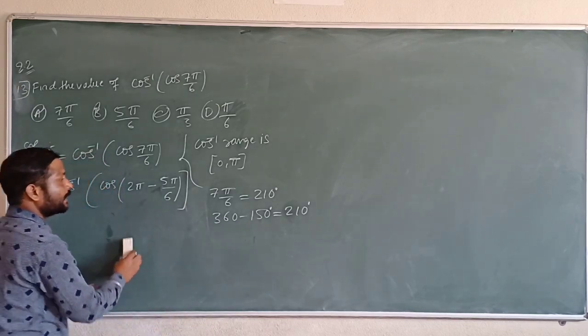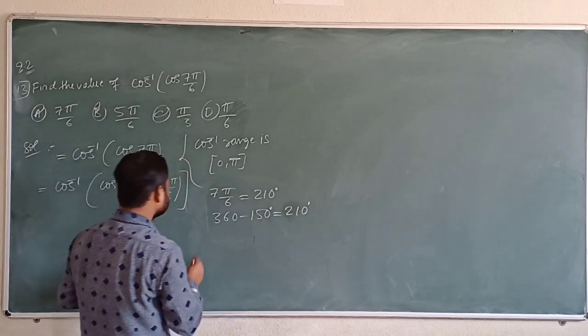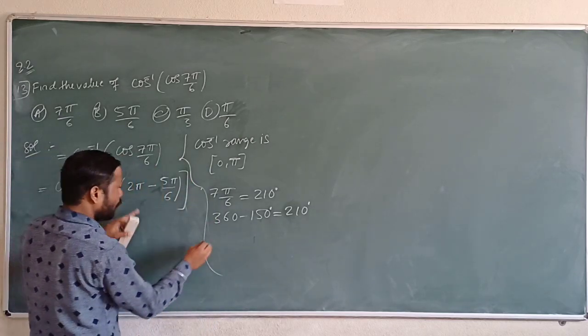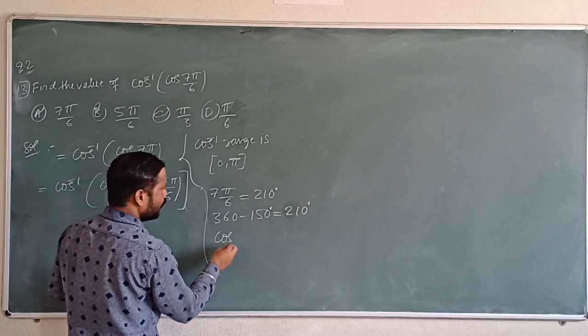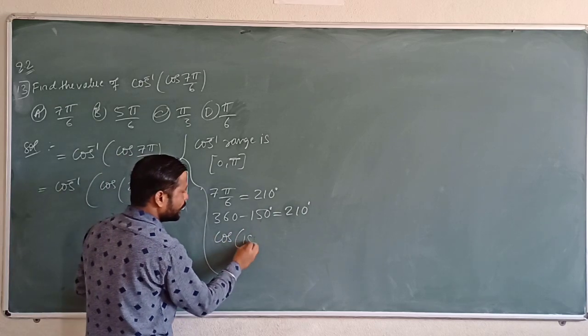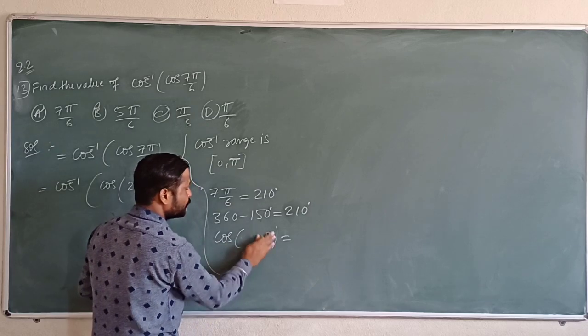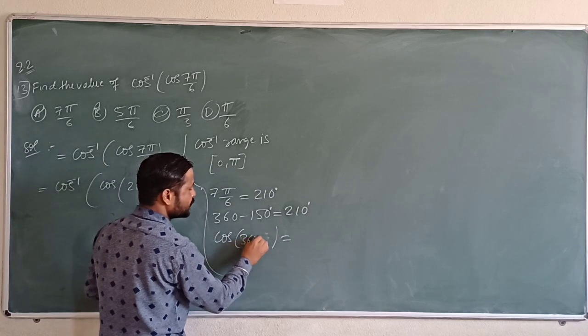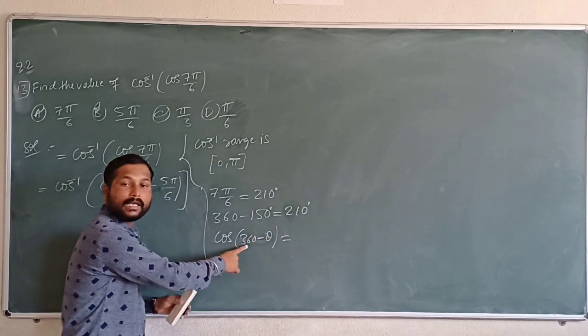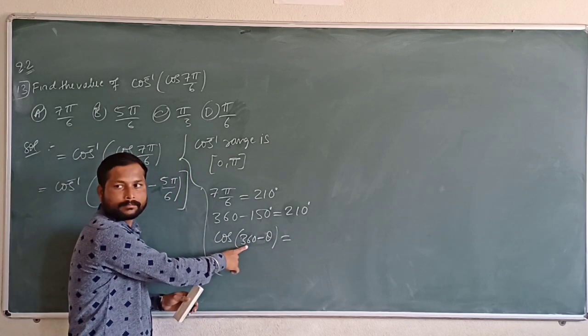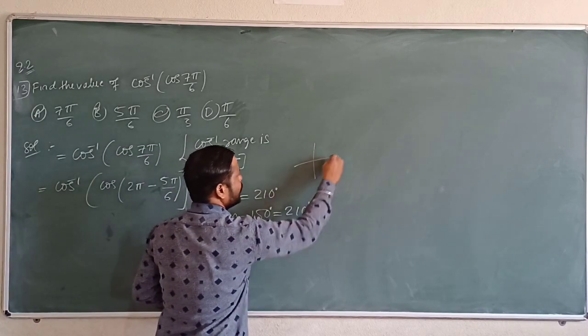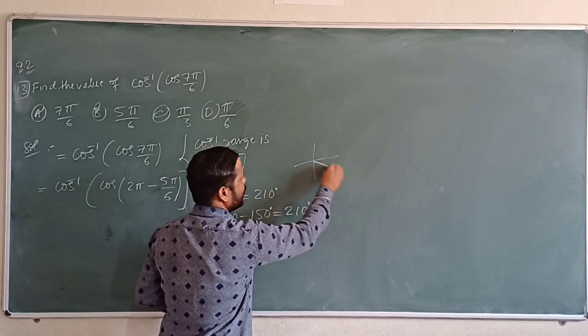Now think, here comes another formula. That is cos of 360 minus theta, 360 meaning 2 pi. Correct? Now take this 360 minus theta, it is in which quadrant?